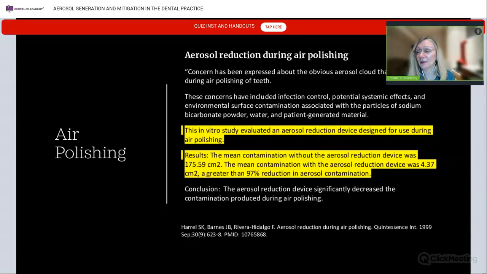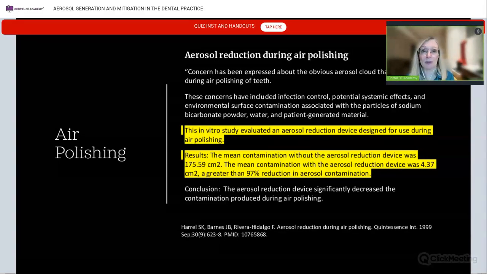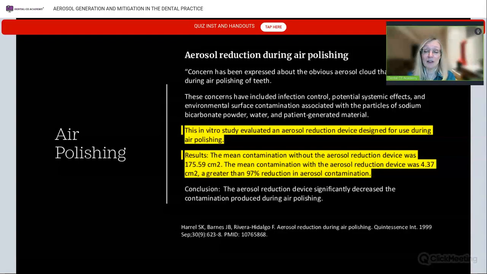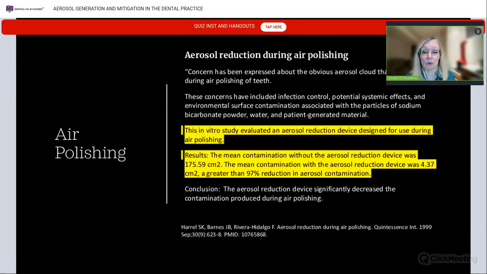But I've had to inspect dental practices for dental boards and health departments in my previous life. And if I walked into an operatory where they, especially hygiene, were using air polishing, I could take my hand across the wall or the counter and pull it up, and it's got a fine powder on it, right? Because we're not capturing it all at the source.